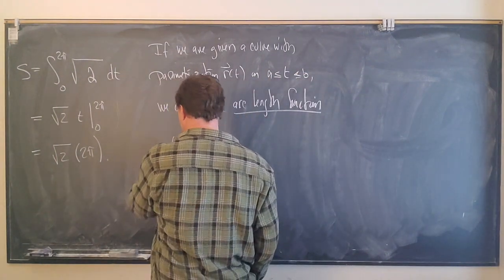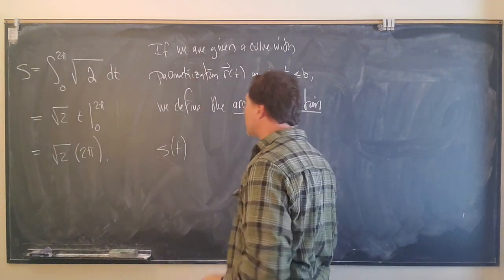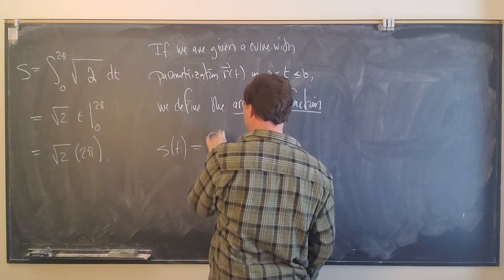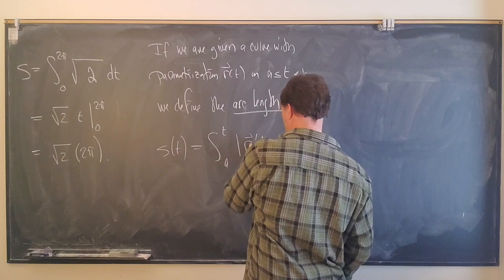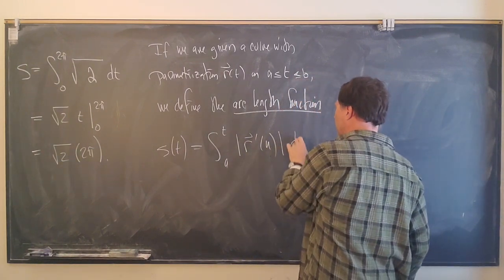Now we're going to think of it as a function whose variable is t, and so it's going to be s of t, and it's equal to the integral from A to t of, now I need to use a different variable here, so I'll use r prime of u, absolute value, du.